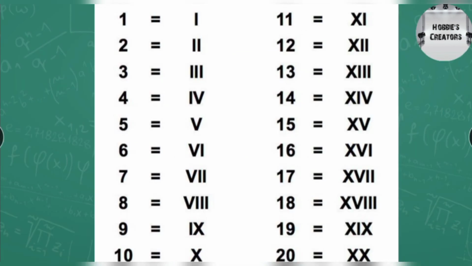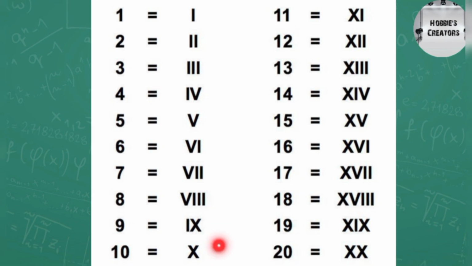Okay, so here we can just make a revision. 1 is nothing but I, 2 is II, 3 is III, 4 is IV. 5 is nothing but V. So 6 is VI, 7 is VII, 8 is VIII, 9 is IX, 10 is X. Okay, so it is really easy, right?